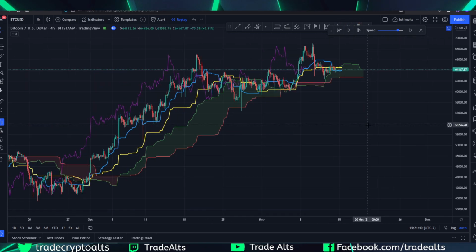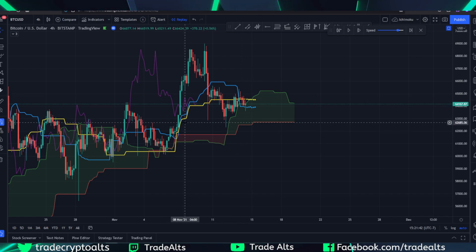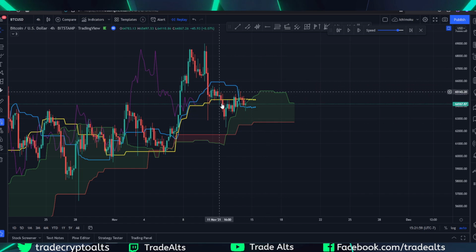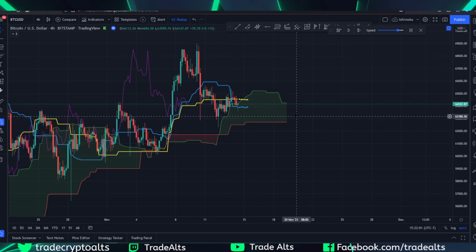So here, if you did have a bullish signal or a long signal, you would have definitely been stopped out here on this bearish TK cross. So this is where we're going to start looking to see when we would have gotten in on that trade to the downside. So obviously you don't have it yet.